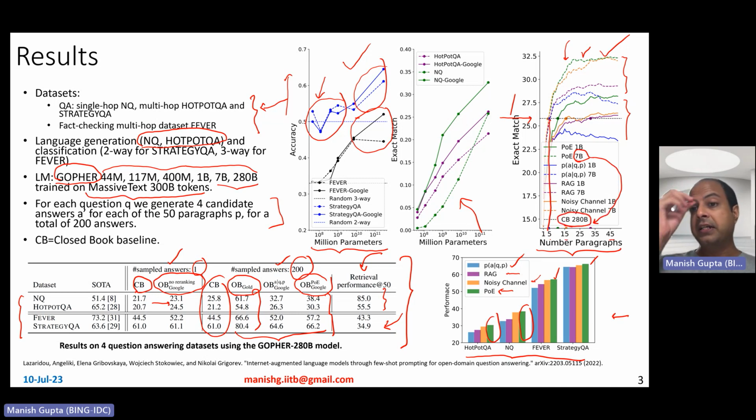So that's important. A 7 billion sized internet augmented model is equivalent to a closed book 280 billion sized model in terms of performance if you use 5 paragraphs of augmentation.